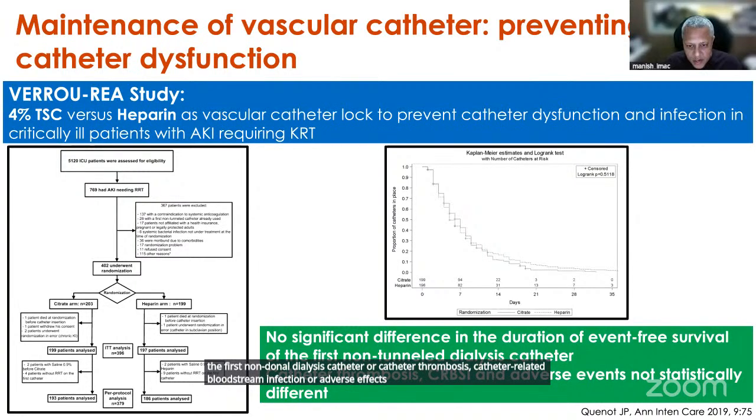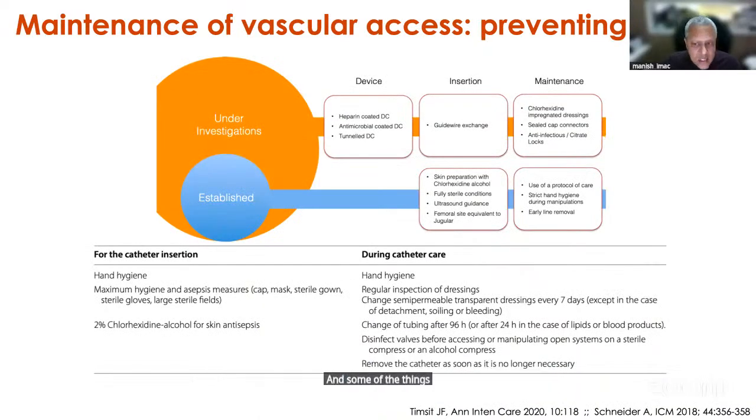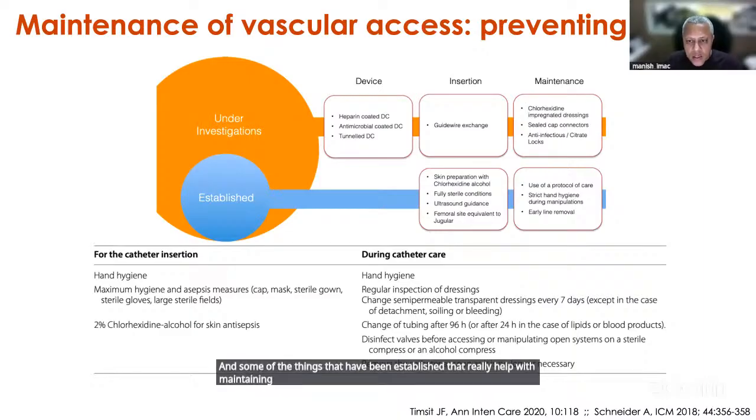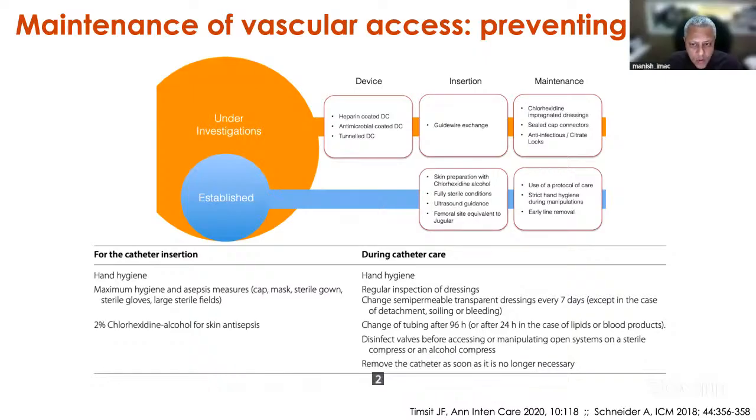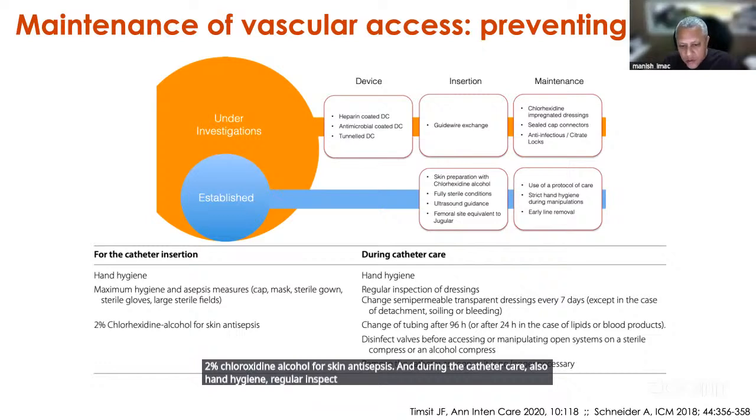Catheter thrombosis, catheter-related bloodstream infection, or adverse effects were also not significantly different. And some of the things that have been established that really help with maintaining and reducing the risk of catheter-related complications are, of course, maximum hygiene and asepsis measures, use of 2% chlorhexidine alcohol for skin antisepsis, and during catheter care, hand hygiene, regular inspection, and dressing changes if there's any soiling.